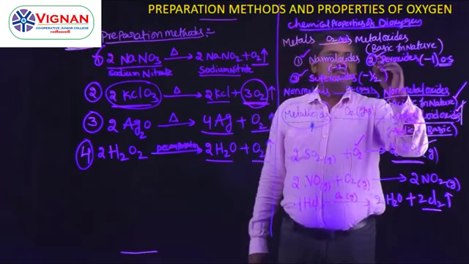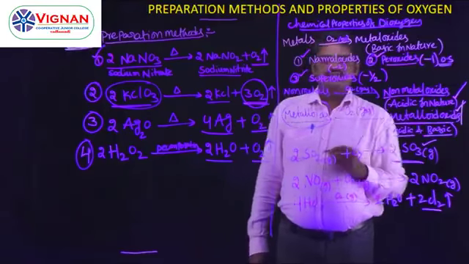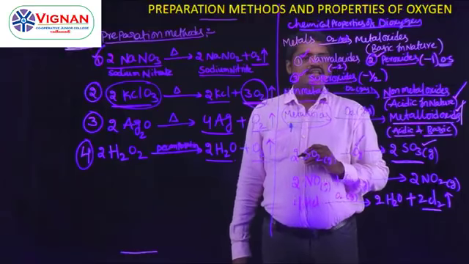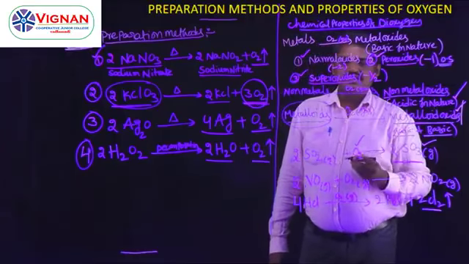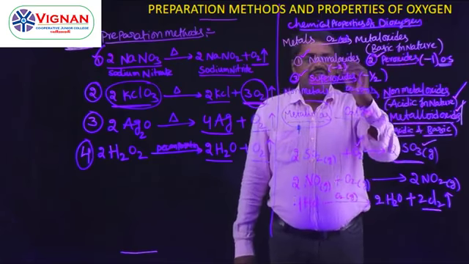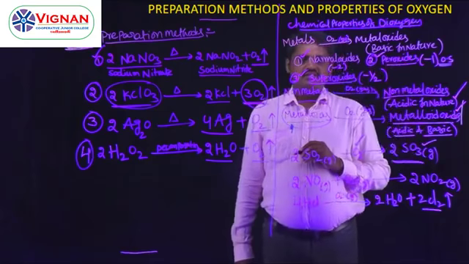Sodium and potassium react with oxygen to produce peroxides. And cesium, the last element in first A group, reacts with oxygen to produce superoxides. All are metal oxides, but what is the difference between normal oxides, peroxides and superoxides?